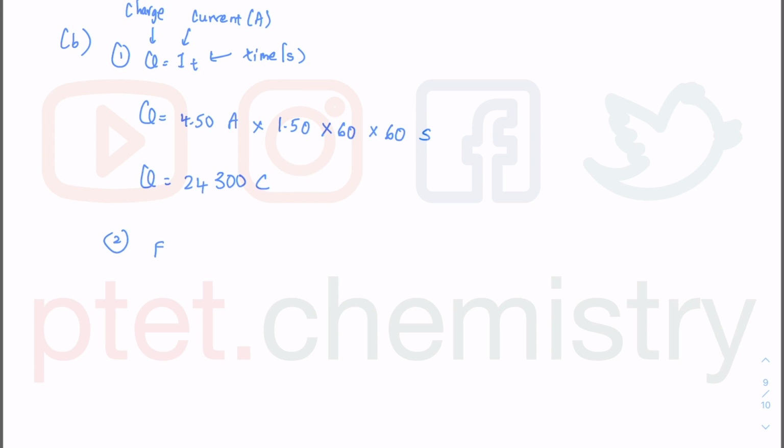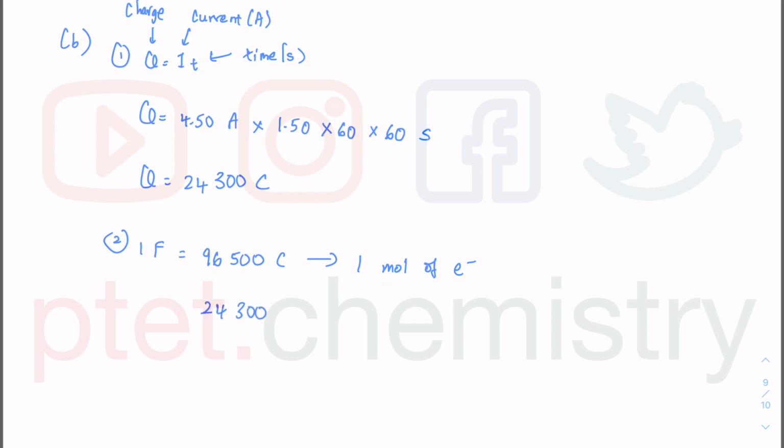The next part of the working is basically trying to relate the Faraday constant. The Faraday constant is 96,500 coulomb, which is the charge for 1 mole of electrons. I want to find out how many moles of electrons actually pass through depending on the current. If I have 96,500 coulomb, it's a result of 1 mole of electrons passing through.